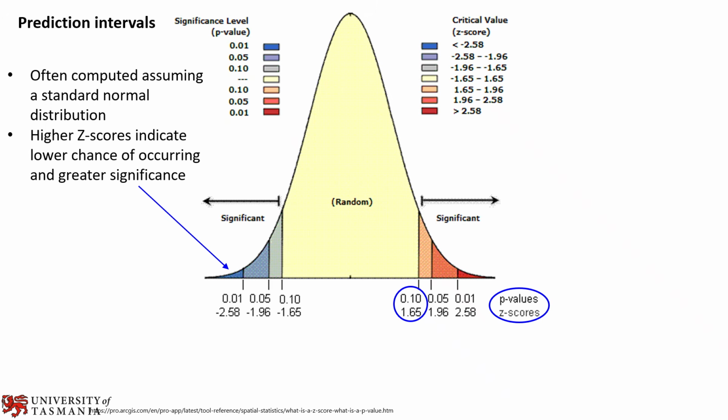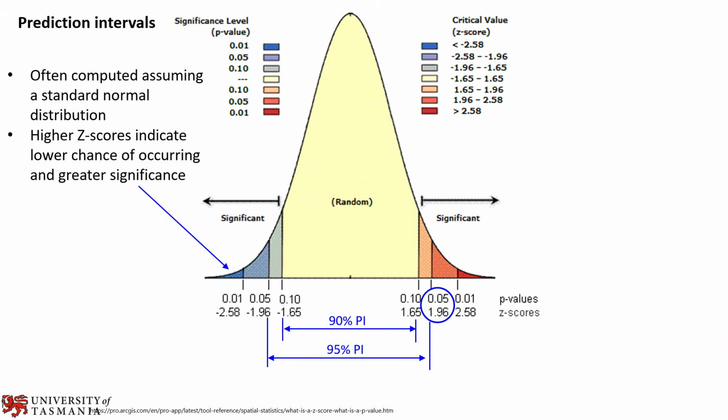So the z-score corresponding to 90% is 1.65. That's a 90% prediction interval. If you wanted the 95% prediction interval, that would be a z-score of 1.96. And if you wanted the 99% prediction interval, which means that your prediction interval should cover 99% of observations, you would use a z-score of 2.58.